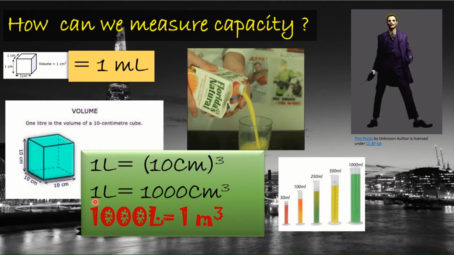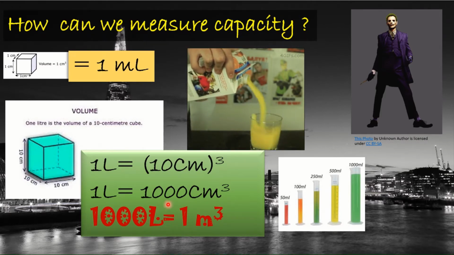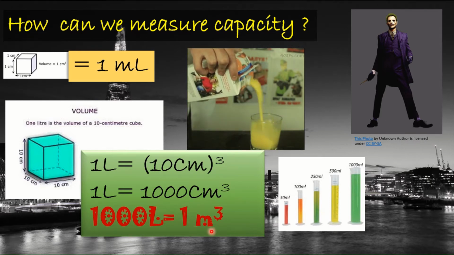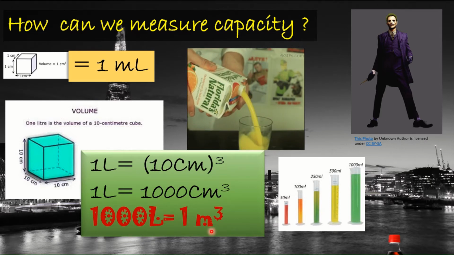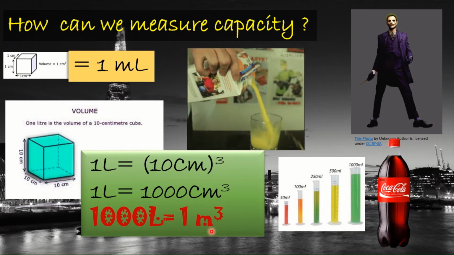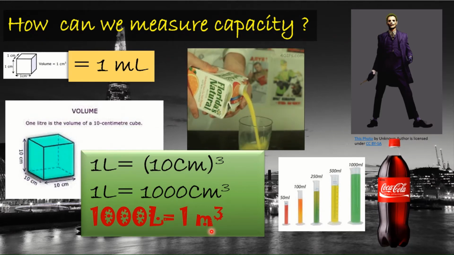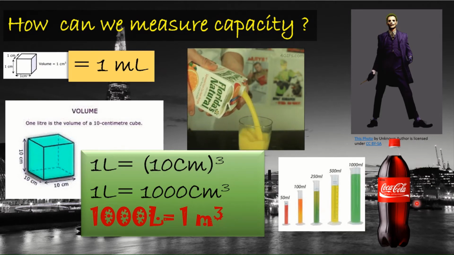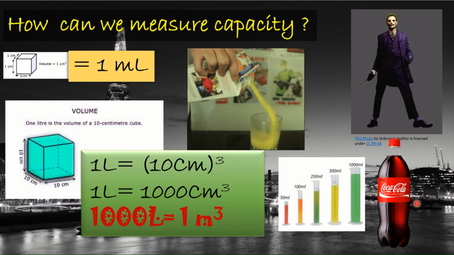And then if you multiply 1 liter with 1000, it becomes 1000 liter. And if you multiply 1000 with 1000, it becomes 1 meter cube. So now I think you have understood how to convert volume into capacity. Can you tell the capacity of this Coca-Cola bottle? Yes, you can guess right.